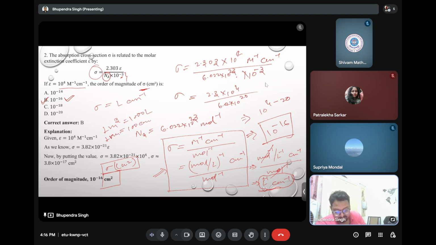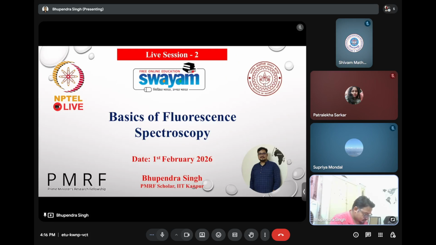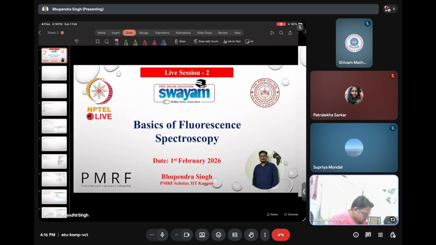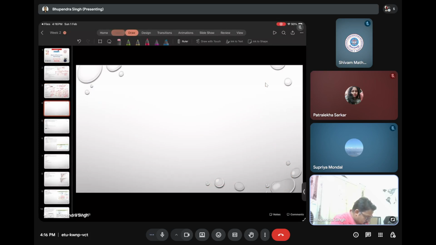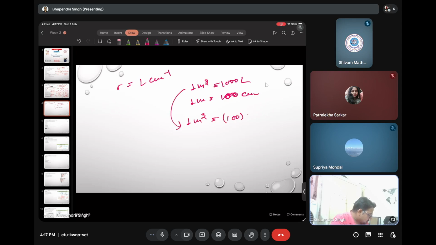So just convert this meter cube to centimeter cube. 1 meter cube equal to 1000 liter. 1 meter equal to 100 centimeter, so 1 meter cube equal to 10 to the power 6 centimeter cube equal to 1000 liter.